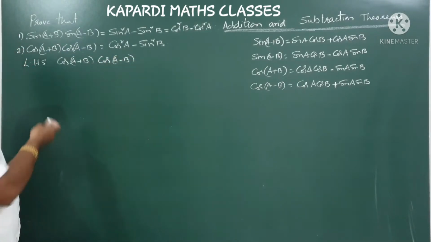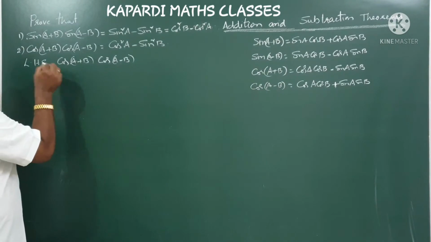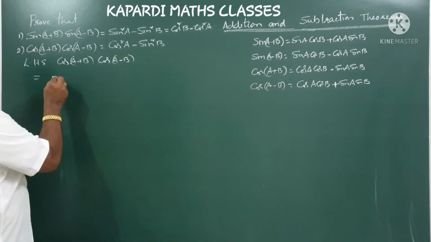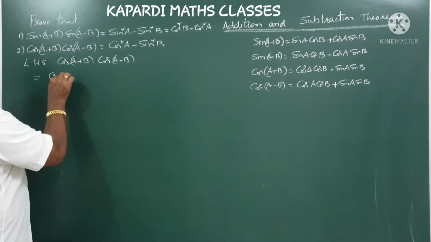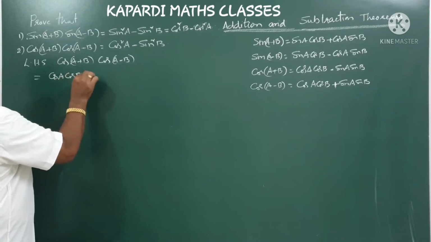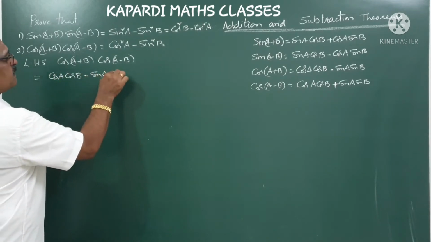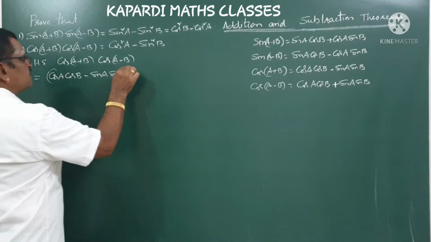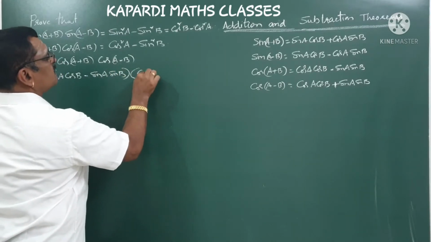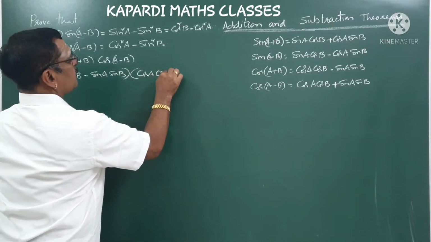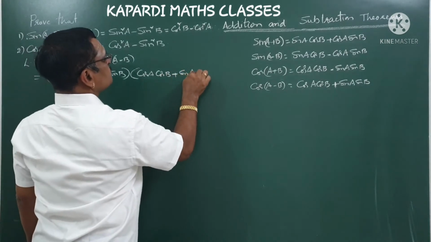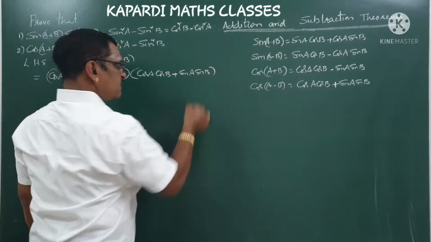Method is similar, just apply the cos of a plus b identity. You have cos a cos b minus sin a sin b times cos a cos b plus sin a sin b.